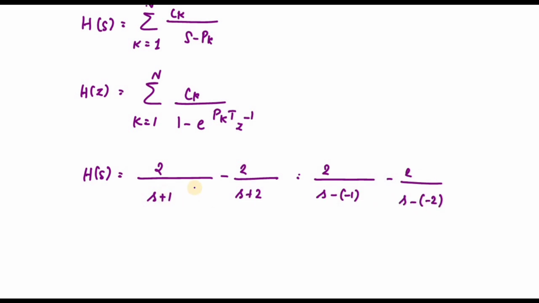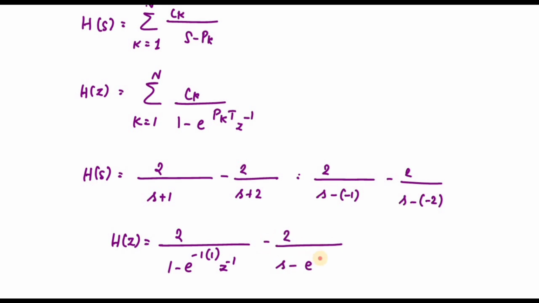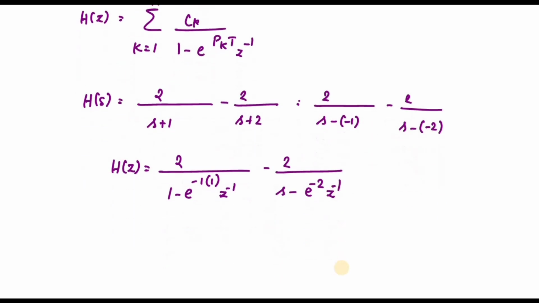So here the pk value is minus 1. So to represent, H(z) equal to 2 divided by (1 minus e power minus 1, and T is 1, z power minus 1). In a similar way, minus 2 divided by (1 minus e power minus 2 z power minus 1).